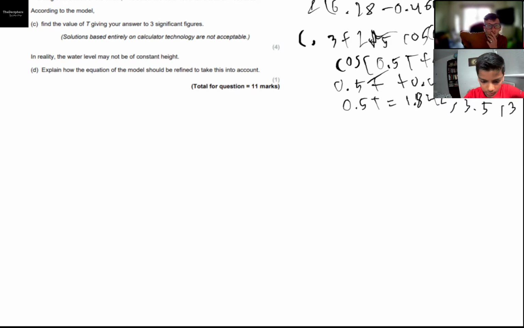So t is, and then multiply it by 2, that's 3.684. And 3.513 is 7.026.